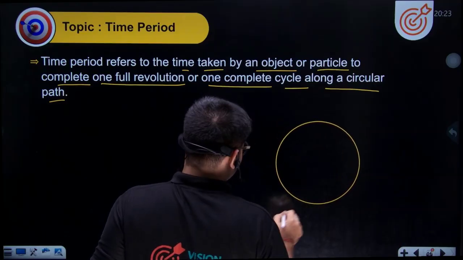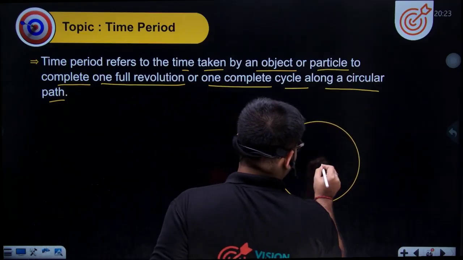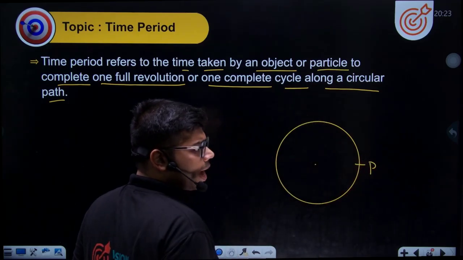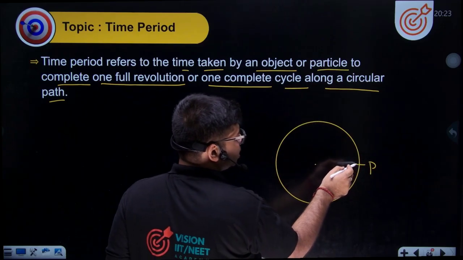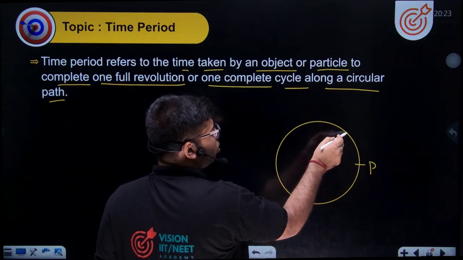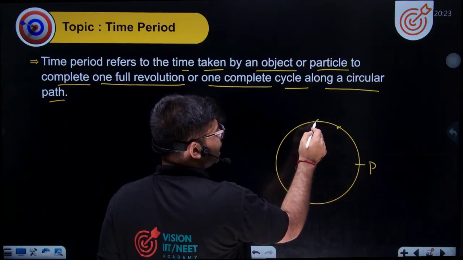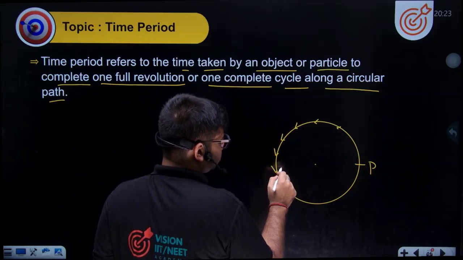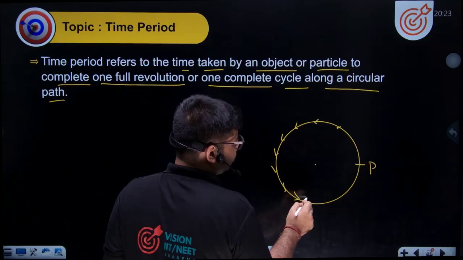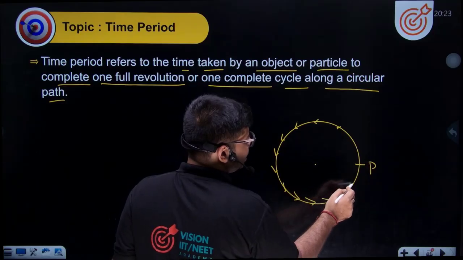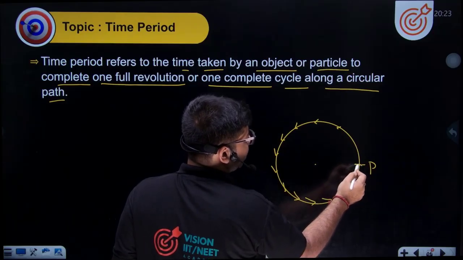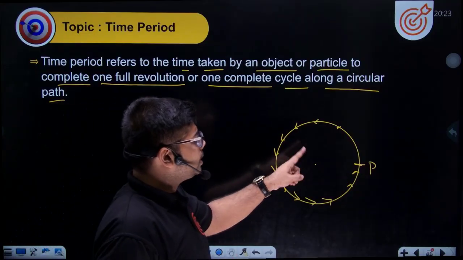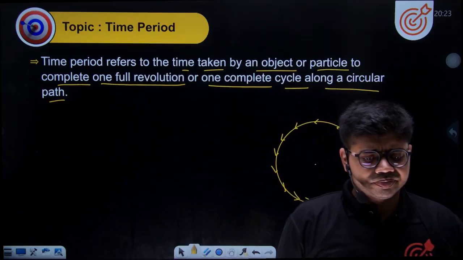From point P it has traveled all the way like this, like this, like this, and it has again come to this point P. So then what is the total angle covered?